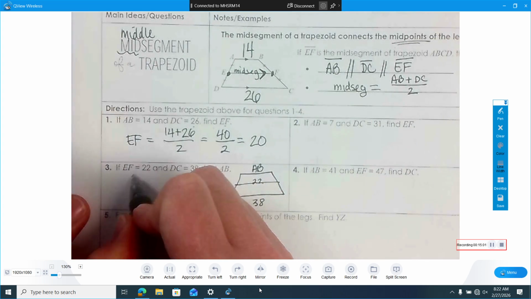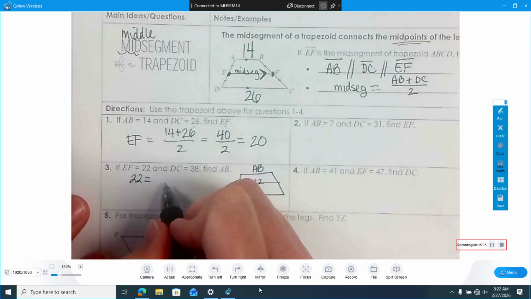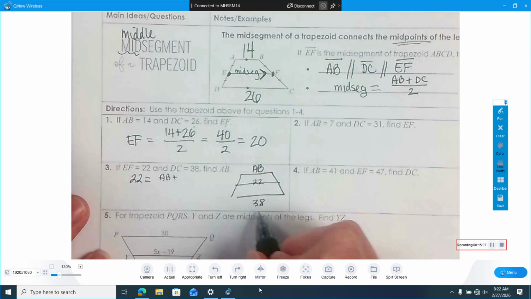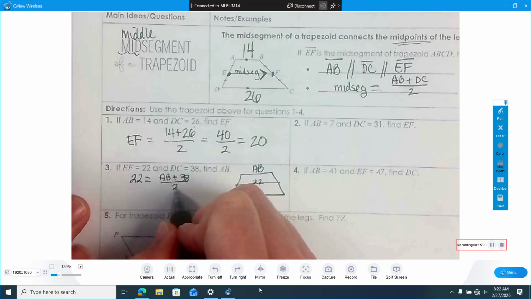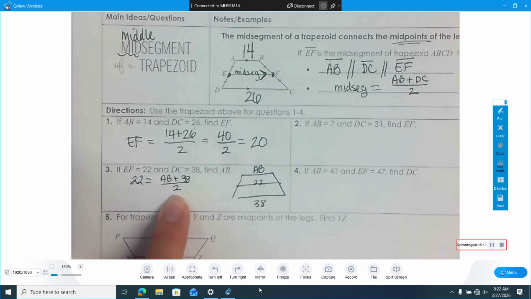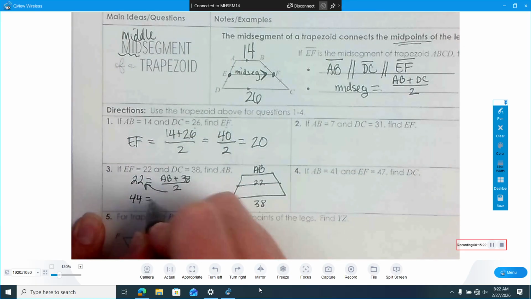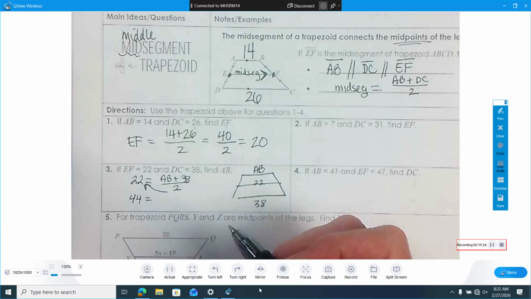Mid-segment, so 22 equals top plus bottom divided by 2. AB plus 38 divided by 2. So I can set it up the same way. Mid-segment equals top plus bottom divided by 2. How do we get rid of this divide by 2? Multiply by 2. So that gives me 44. So that's what Bradley was saying.